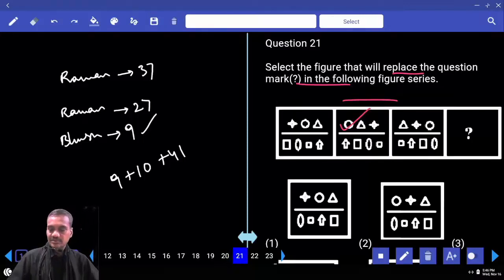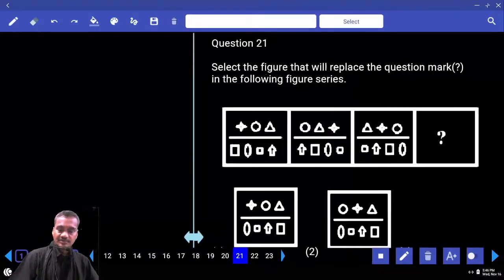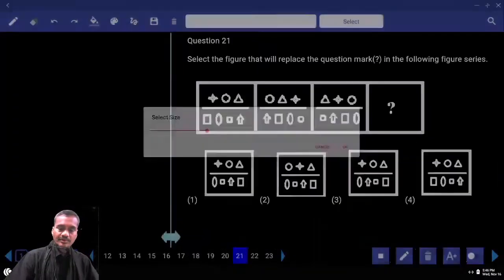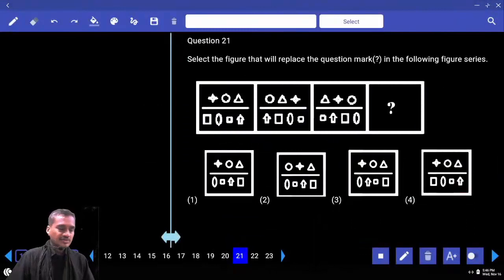Then the 21st. Now in this question number 21, non-verbal series. In this non-verbal series, we need to find out the next one. Tell me, what is the answer? Now first, the star. What is the position of the star?